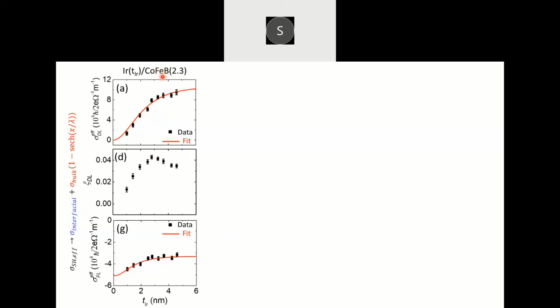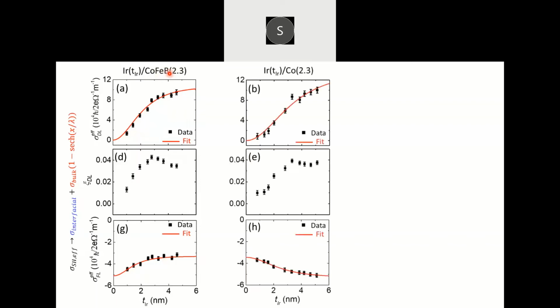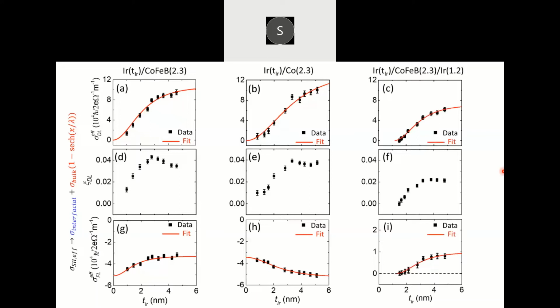And we have also varied the magnet from CoFeB to cobalt, and we obtain similar kind of result. Here also, we see that for low thickness of iridium, there is a high value of field-like torque conductivity, which is negative. So we can say that it is independent of the magnet. And finally, we made a symmetric stack where on one side the iridium thickness is kept fixed, and on the other side we have varied it from 1.2 to 5 nanometer.